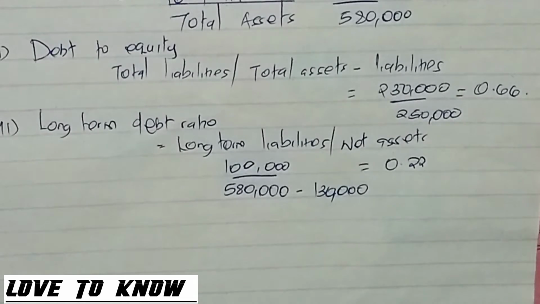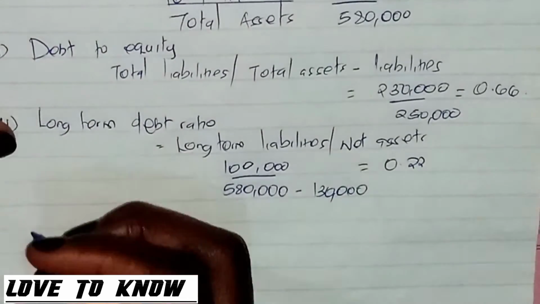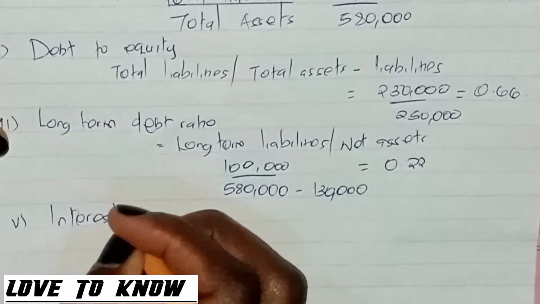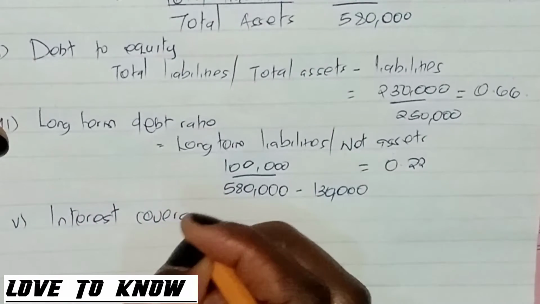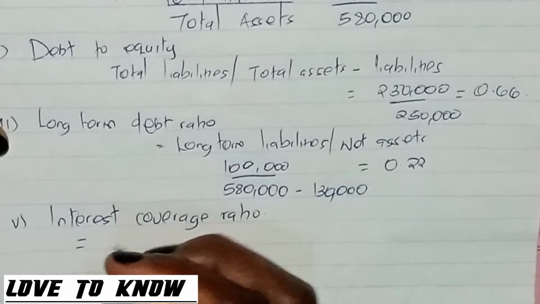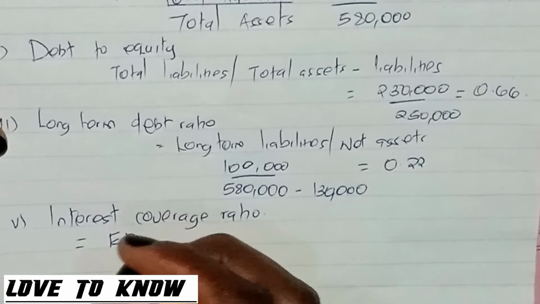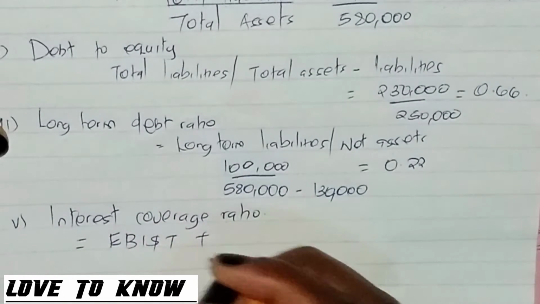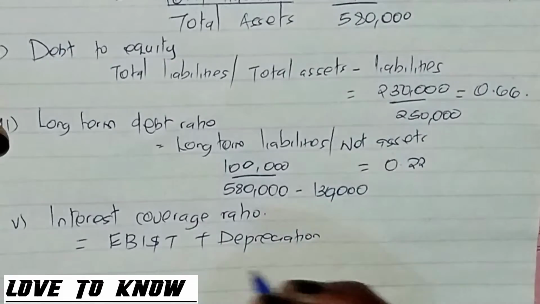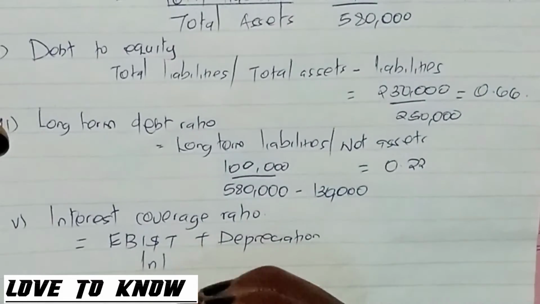The next type is the interest coverage ratio. This is calculated by the earnings before interest and tax, you add depreciation, then you divide by the interest expense.